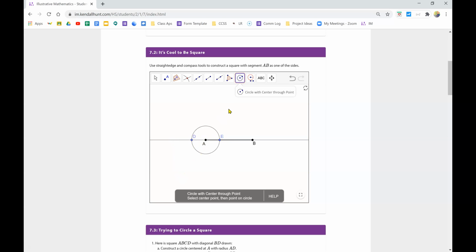And now I'm going to take my circle tool and draw a circle at point E that goes past A like this. I'm going to actually move my point down here so it's out of the way. Okay, now I'm going to take my other tool that draws circles that measures the radius.